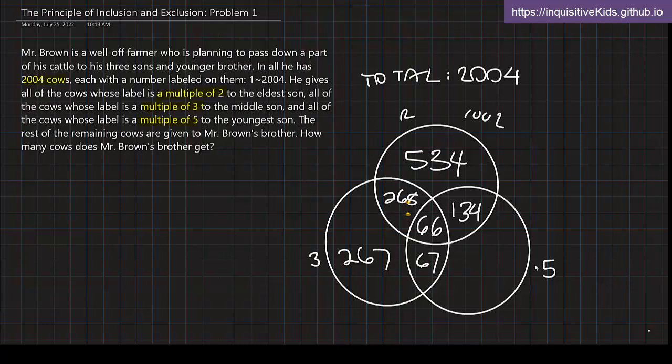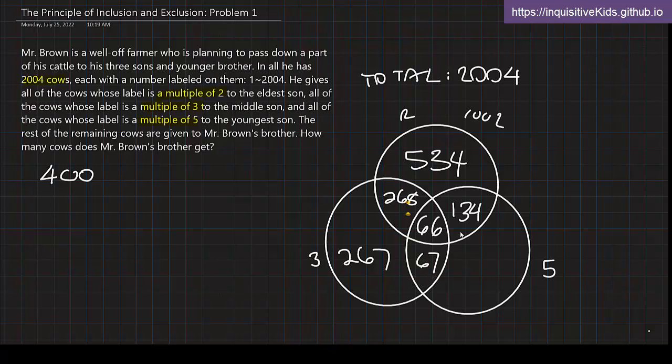Now we do the same with multiples of 5. Well, 2004 is not a multiple of 5 because it does not end in a digit 0 or 5, but it's really close to 2000, which is 5 times 400. So we know immediately that there are 400 multiples of 5 in here. Now we have to add in all of these parts.